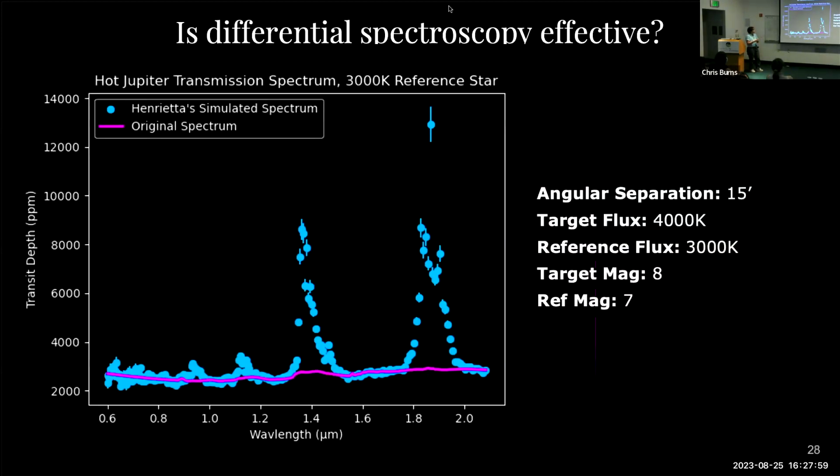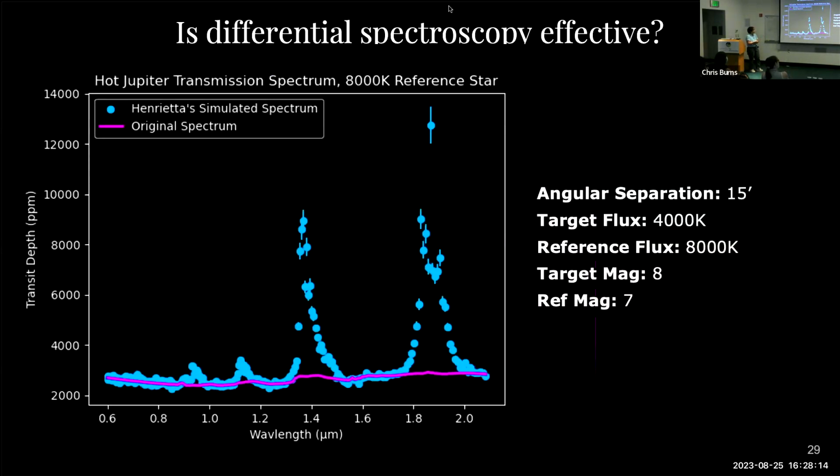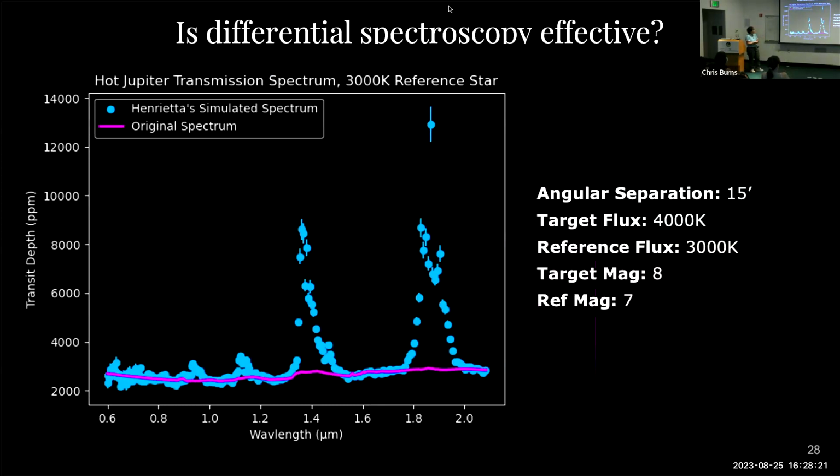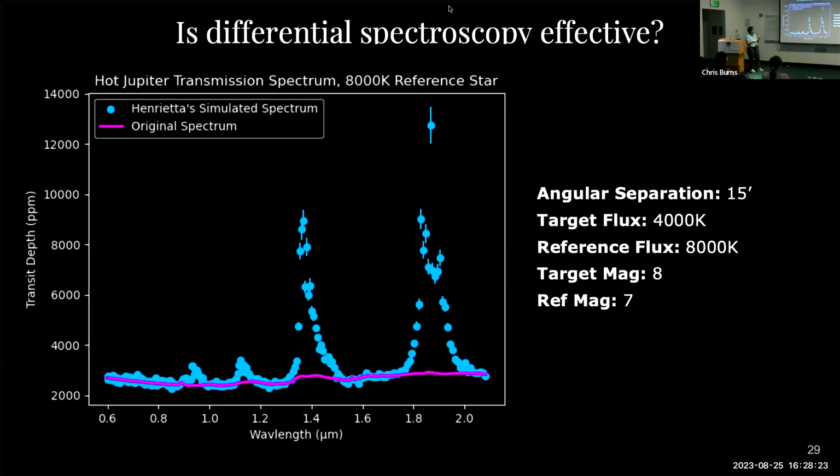We were also able to simulate our data based on spectral type. So here we are looking at a target star of 4,000 Kelvin, and we're assuming main sequence stars for all of these, and a reference star of 3,000 Kelvin, so relatively similar in spectral type. And here is what our transmission spectrum looks like for a reference star of 8,000 Kelvin. And we can see that the difference between the spectral types is not primary.